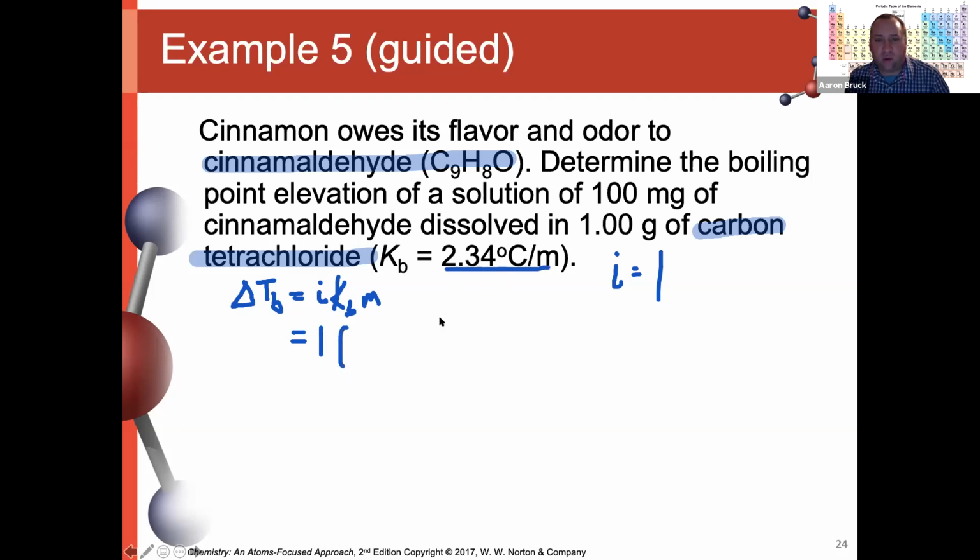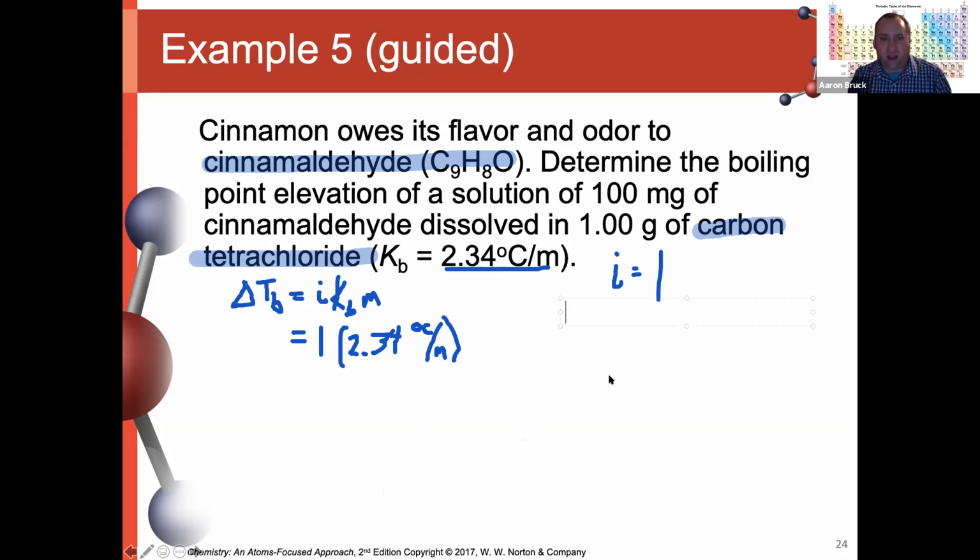KB, we are told, is 2.34 degrees Celsius per molal. The only thing we don't know is the molality. For the molality, we're going to have to figure out what the concentration of this stuff is.